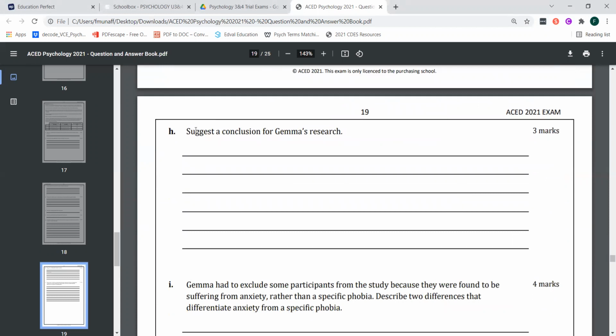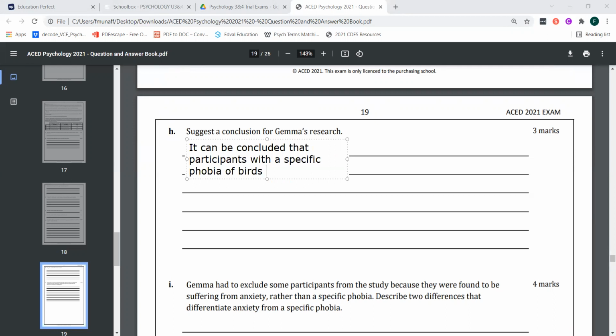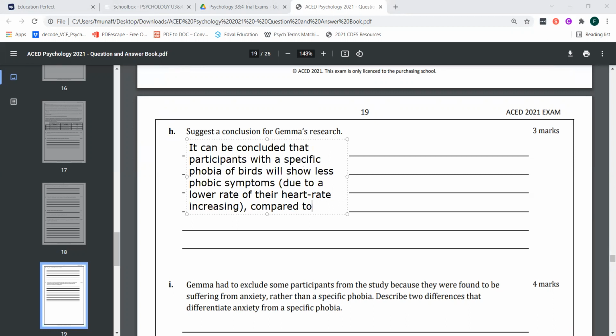So we're going to write here, it can be concluded that patients or participants with a specific phobia of birds will show less phobic symptoms due to a lower heart rate, due to a lower pacing compared to.